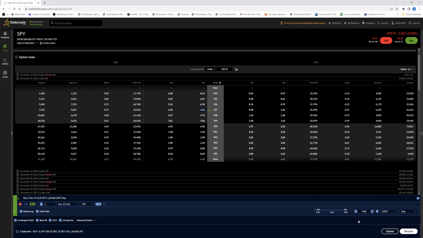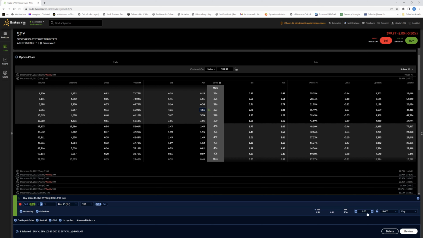Now, the thing you have to be careful of with a limit order, especially if you're doing it by price, this is the asking price, which means that to get your order filled so that you can be in the trade, somebody's going to have to buy or sell you a contract for basically $56 less than the asking price.